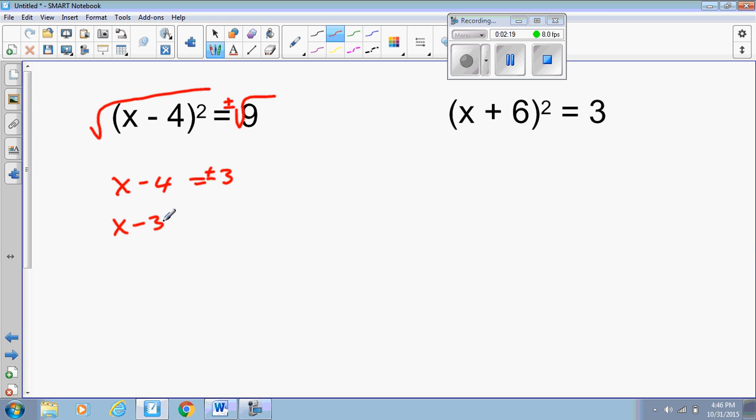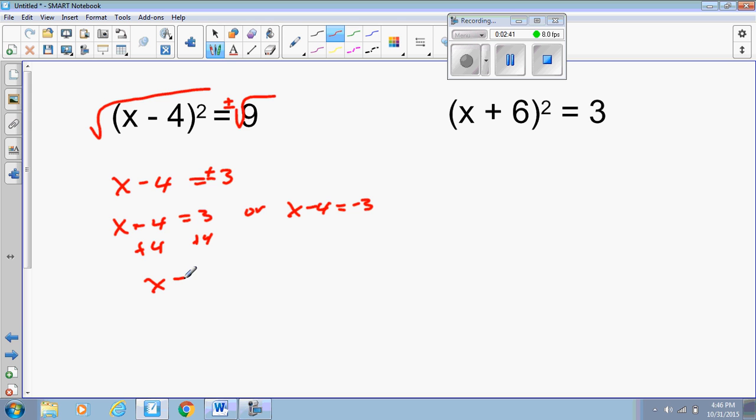So that becomes x minus 4 equals 3, or x minus 4 could be negative 3. There's two possibilities there. And to solve this, I would add 4 to both sides.